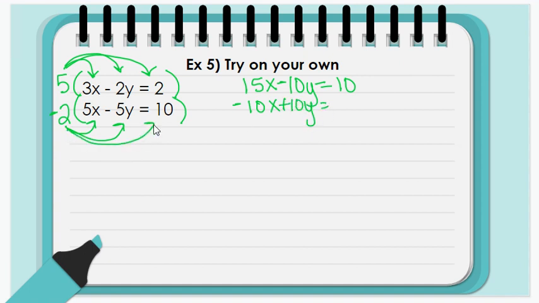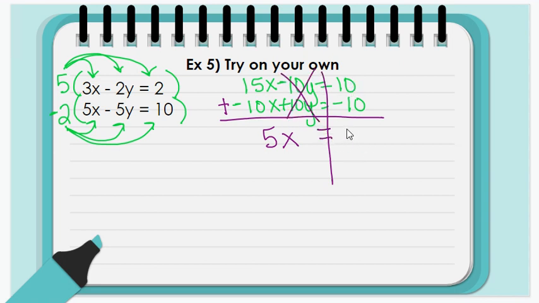And negative 2 times 10 will be negative 10. Now I'm ready to solve my new equations. So 15x minus 10x is going to be 5x. The positive 10y and the negative 10y cancel. And then 10 minus 10 is 0. Divide by 5. And x equals 0.